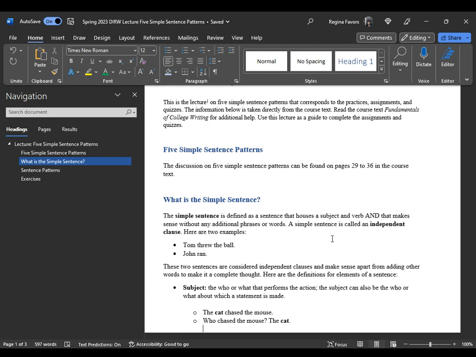However, they are not necessarily representative of a complete thought because we would need to know where Tom threw the ball or why John ran or where John ran to make it a complete thought. But the sentences that you see on the screen here are considered simple sentences, independent clauses, meaning that they don't really need anything else to make sense for the sentence.